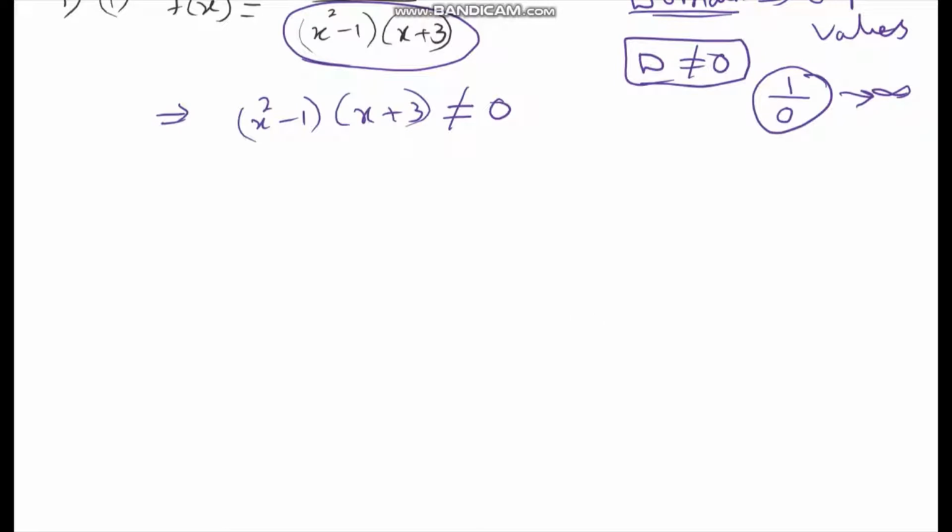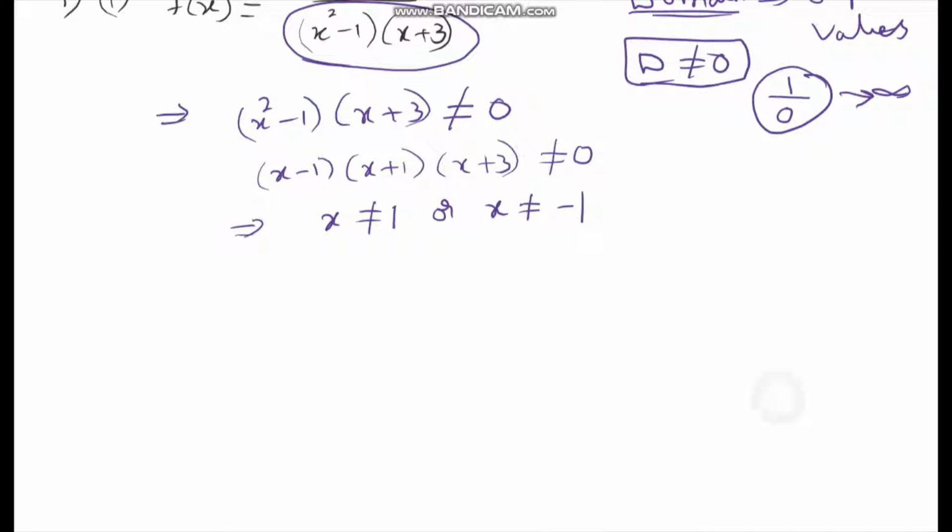(x square minus 1) into (x plus 3) should not be equal to 0. This is (x minus 1) into (x plus 1) into (x plus 3) should not be equal to 0. That implies x should not be equal to 1, and x should not be equal to minus 1, and x should not be equal to minus 3.